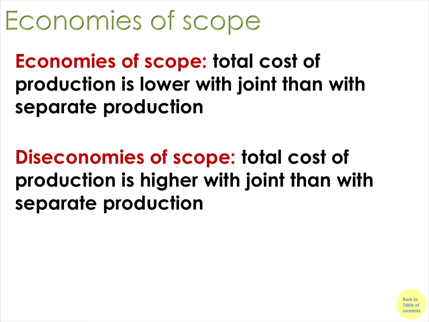But first, some terms. Economies of scope relate to a situation where the total cost of production is lower when you have multiple outputs than if you were to do them separately. I'll explain more. Diseconomies of scope will be when the total cost is higher with the joint production than if they were to stay in separate firms.